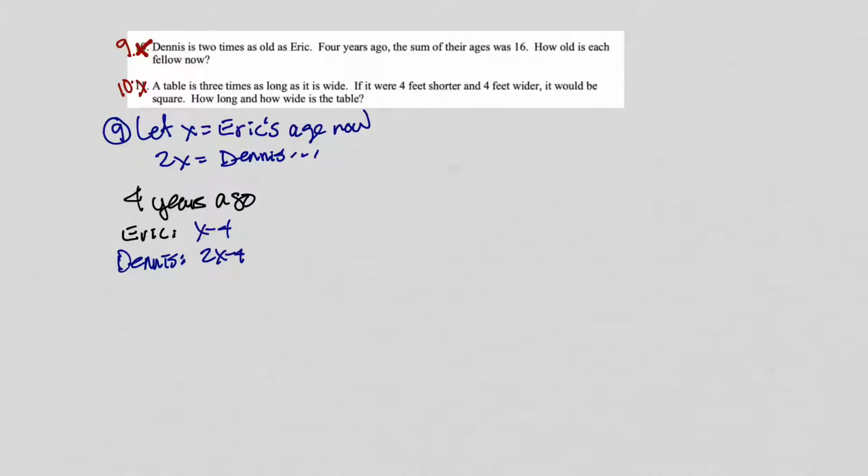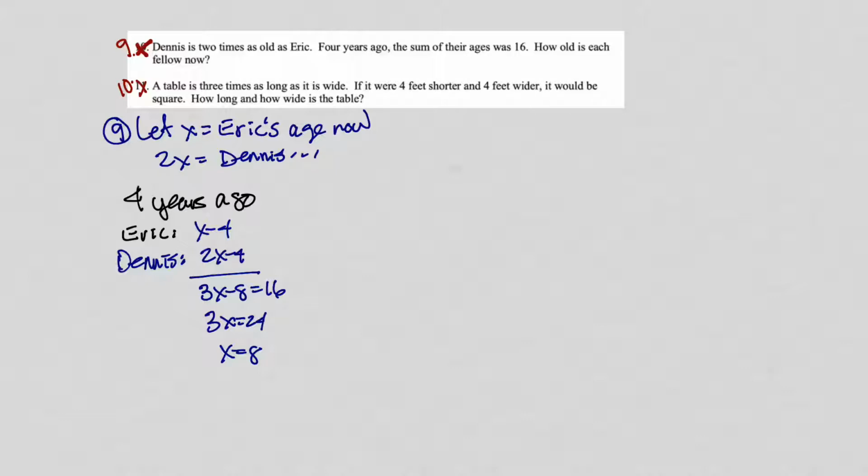And then we're told that if we add those together, we get 16. Let's just do it right here. Just add these together. 3X minus 8. So we get 3X minus 8 is 16. Add 8, we'll get 3X is 24. Divide by 3, we'll get X equals 8.